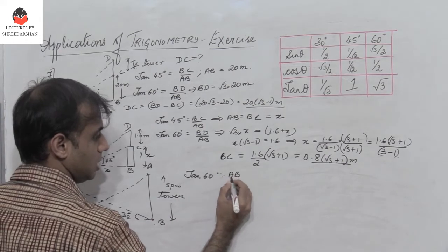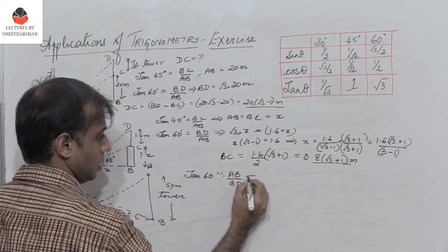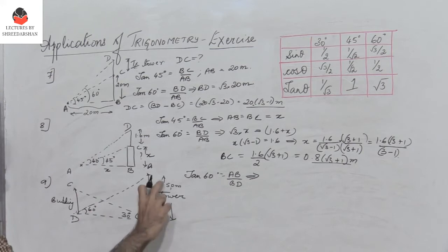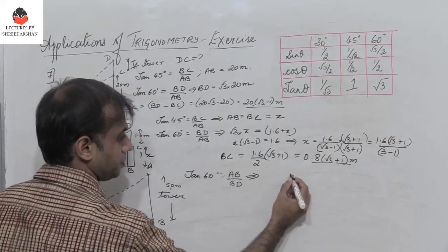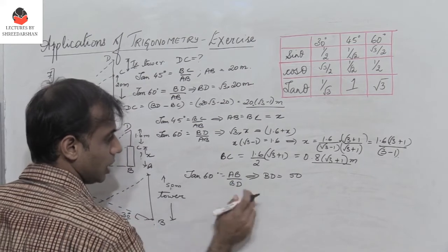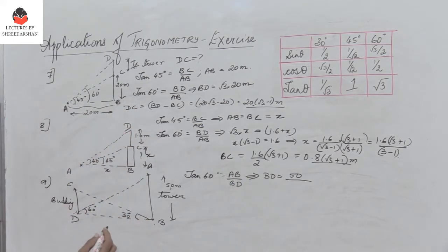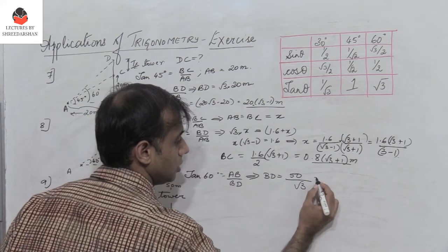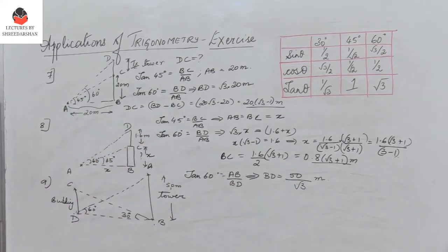AB is 50, and BD is AB divided by tan 60. Tan 60 is root 3. So BD is 50 divided by root 3 meters. This is the distance between the building and the tower.